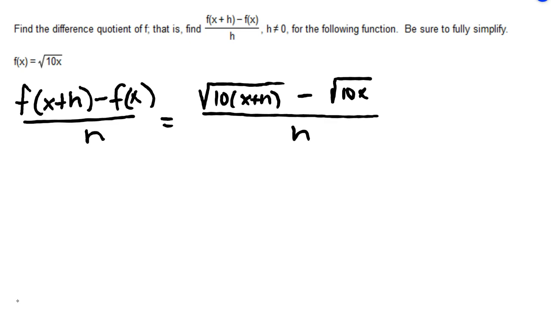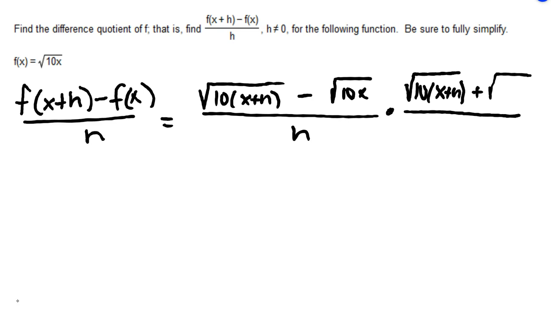over h. So to simplify this expression, we're going to use a method called rationalizing, and we're going to rationalize the numerator. So to rationalize, we're going to multiply by a fraction, and we're going to multiply by the conjugate of the numerator. So that conjugate would be square root of 10 times (x plus h) plus square root of 10x.